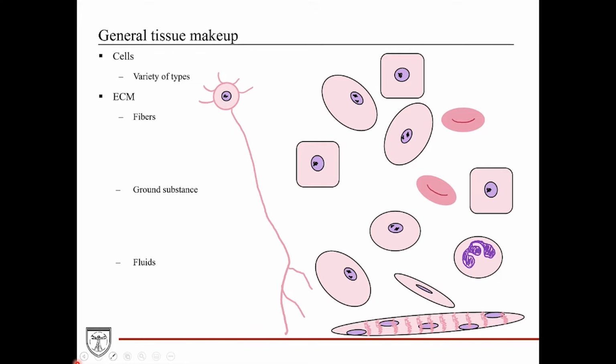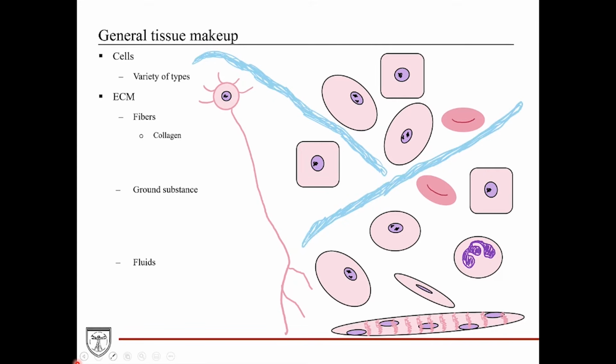In terms of fibers, there are three main types of fibers that are found in most tissue types. First are the collagen fibers. These are long, fairly thick, and very strong extracellular fibers. They're really good at resisting pulling forces, so they provide strength to the tissue. Then we have elastic fibers, these squiggly gray structures. And as the name suggests, elastic fibers are, well, elastic.